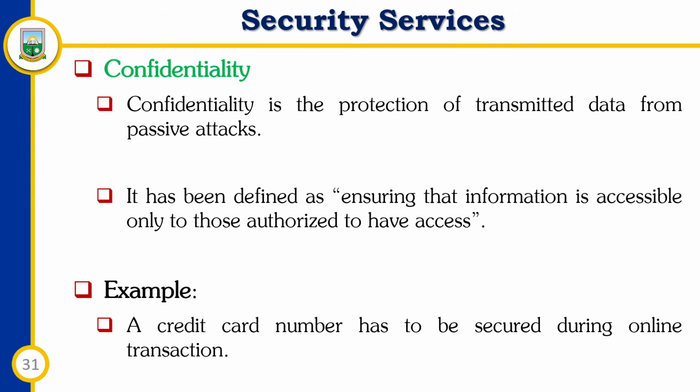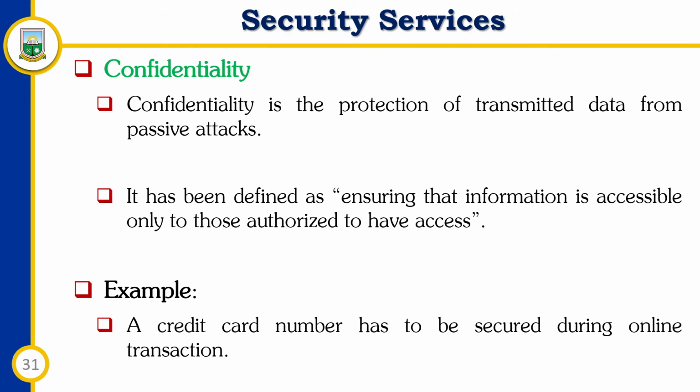So, by the explanation I've given, I just give you a recap of some of the things. Most of the time, the other aspect of confidentiality itself is the protection of the traffic flow from analysis, being able to protect the traffic or the data that passes through a communication medium. Now, a typical example of such a security service for confidentiality is a credit card number that is being secured during an online transaction.